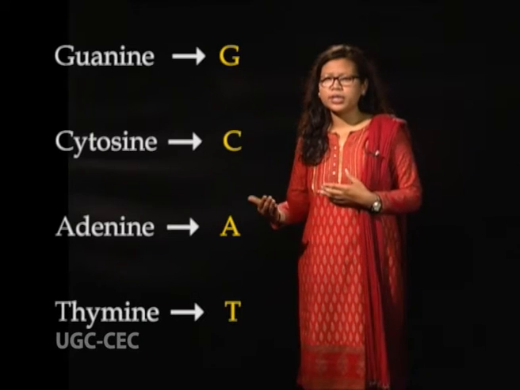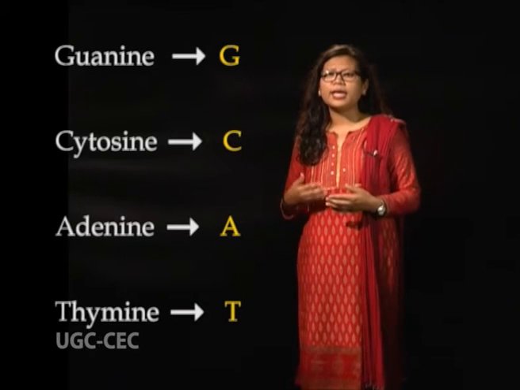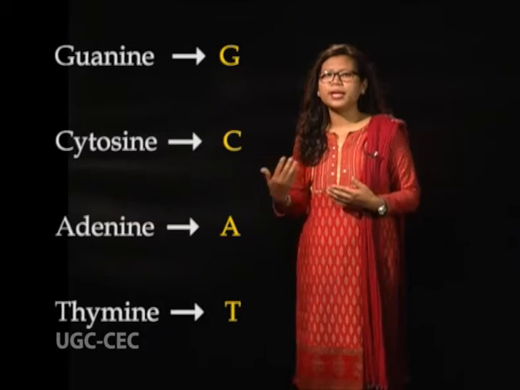Under the commonly used IUPAC system, bases are represented by the first letters of their chemical names: guanine by G, cytosine by C, adenine by A, and thymine by T. This shorthand also includes 11 ambiguity characters associated with every possible combination of the 4 DNA bases.